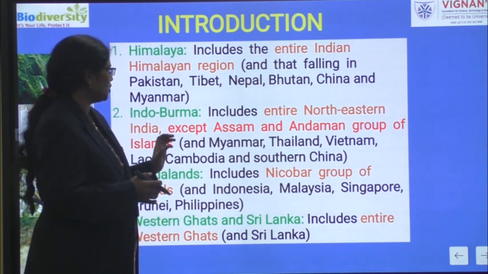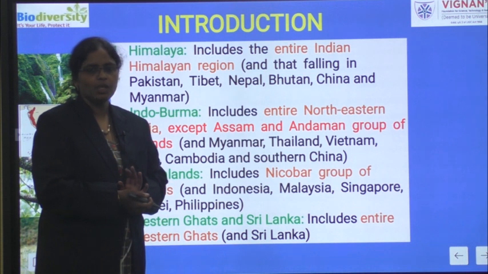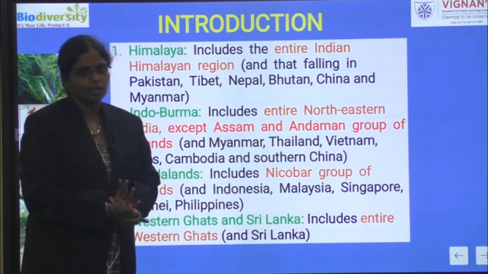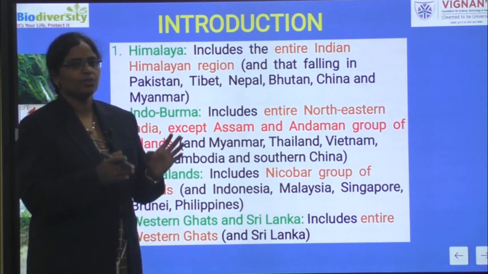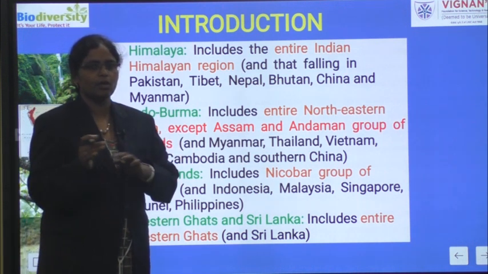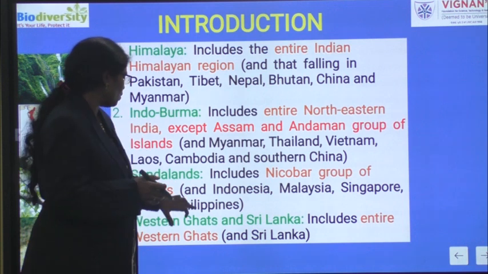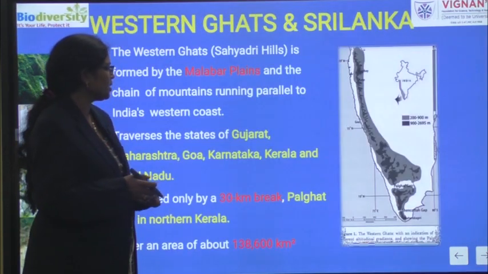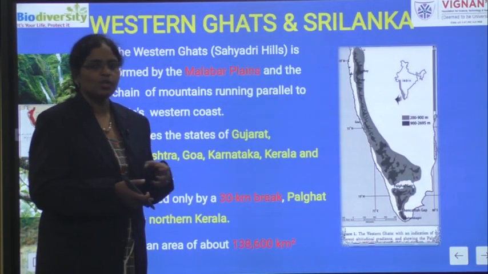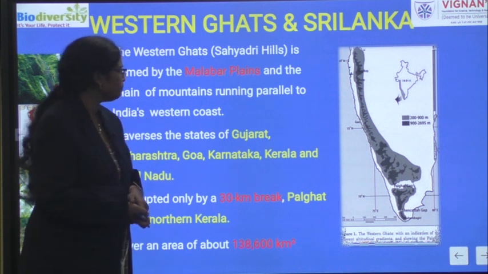So these are the rich biodiversity regions where the majority of species are endemic in nature. Endemic means they are specific to a particular region and they are not present elsewhere. So such types of endemic species exist in various hotspot regions of India.